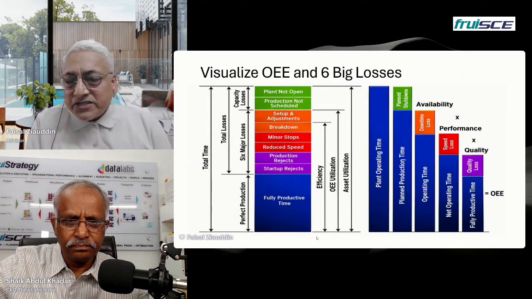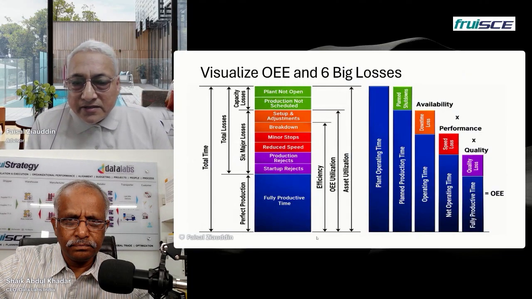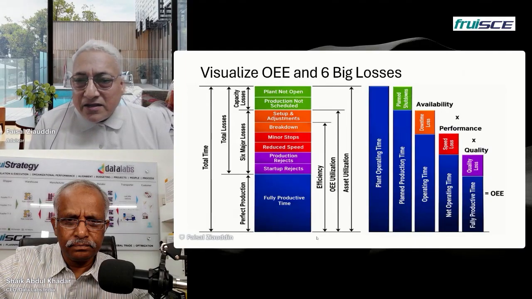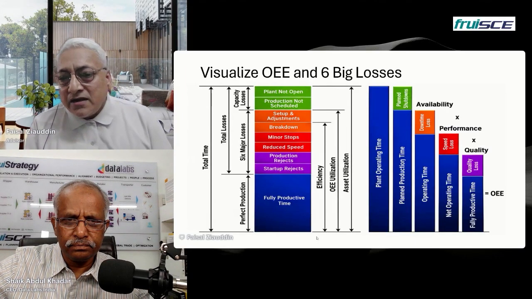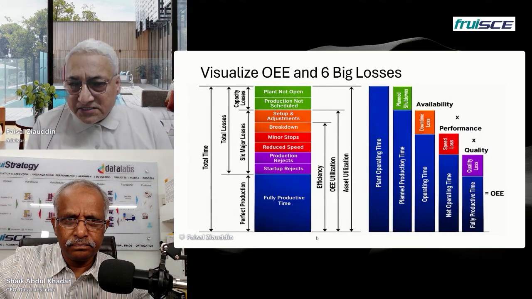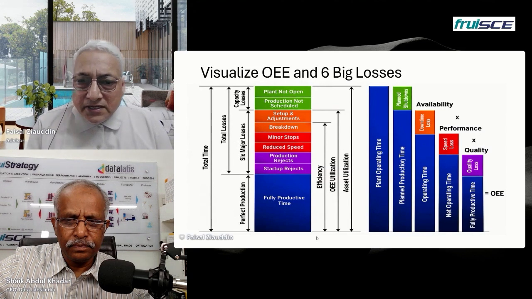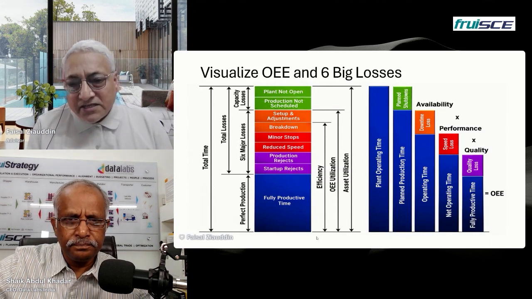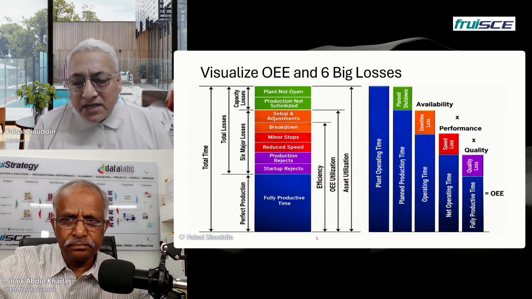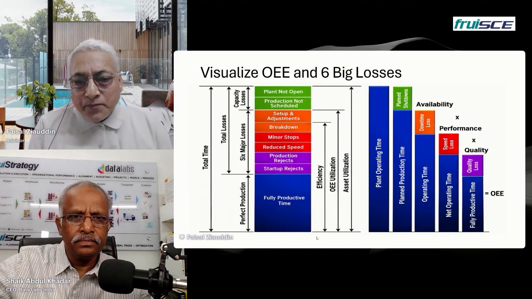I got this wonderful slide from Google while I was preparing, which basically depicts the entire philosophy of value creation and what is to be tackled and how it impacts the OEE. It talks about total time. It relates to asset utilization, plant operating time, which is the big blue line in the middle, and plant production time, which is the operating time minus the plant shutdown time.